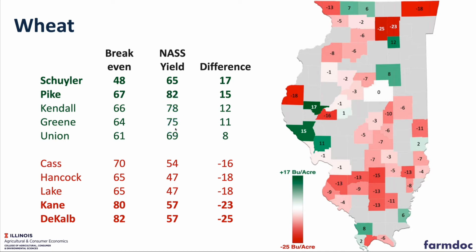NASS released wheat yields in December. If we just look at those NASS yields compared to break-even yields, these counties would not have a payment. These counties could have a payment on wheat. Again, these NASS yields are not what will be used to actually calculate payments by FSA, but they should be within a few bushels.